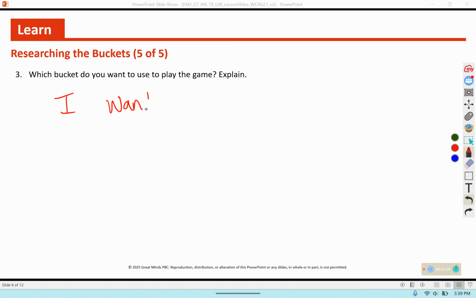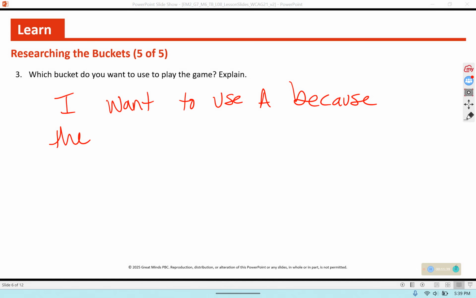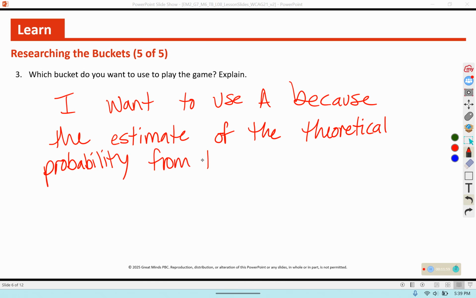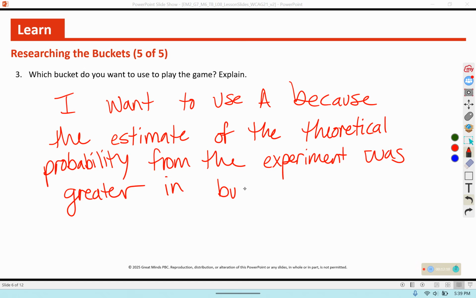I want to use bucket A because the estimate of the theoretical probability, which was based off of the experiment, was greater in bucket A. The probability of selecting blue was greater in bucket A.